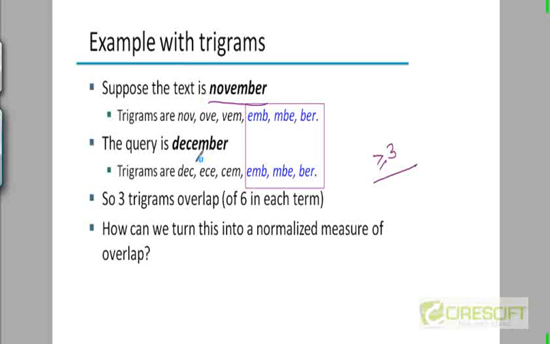And note that if somebody makes a spelling error while typing a particular term, it's likely that most of the k-grams are going to remain unchanged. Only the k-grams that are involved in that spelling error will be affected.